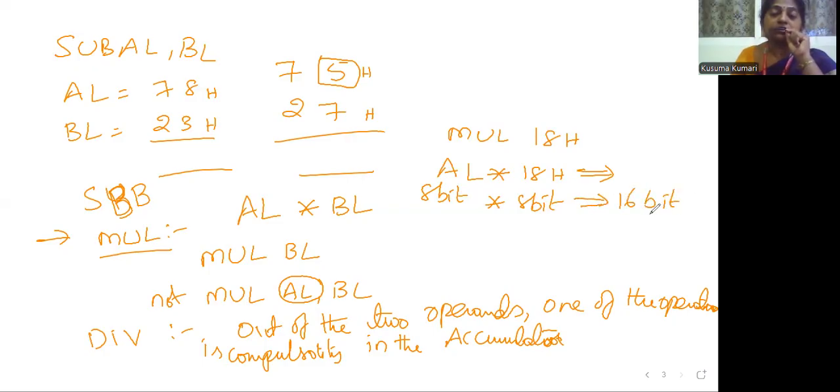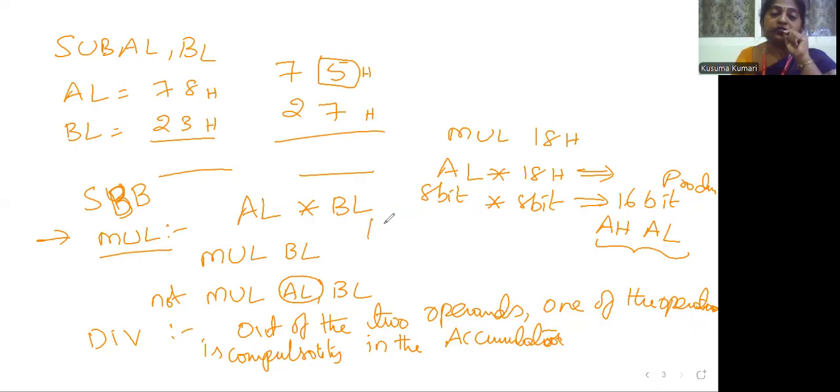This 16-bit product is available in the AH-AL combination. The lower 8 bits of the result are available in AL, and the upper 8 bits are available in AH. This is 8-bit multiplication.